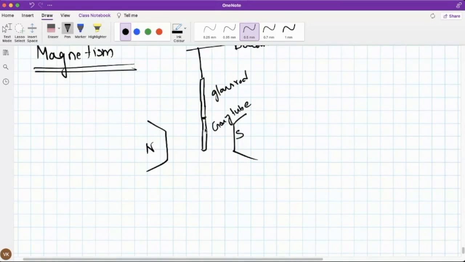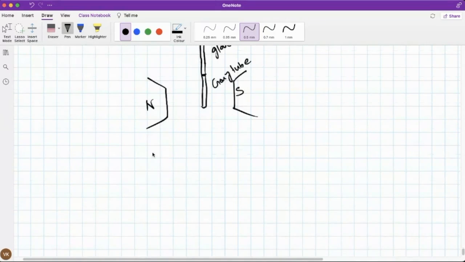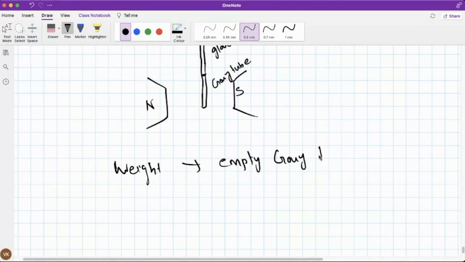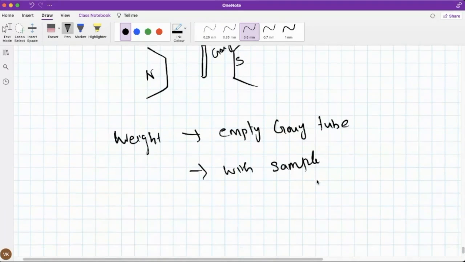What they basically measure is the weight of the empty tube, then the weight with the sample, both with and without the magnetic field.